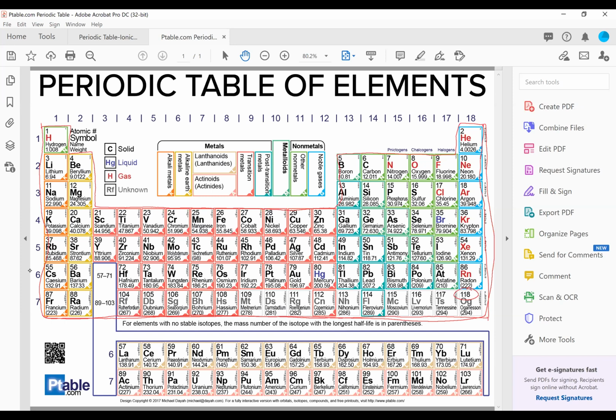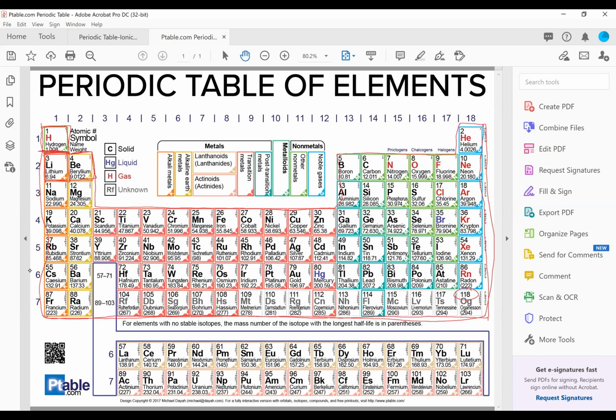Every tiny box in this table is referred to as an element. If you want to understand what an element is, it's really simple: every box in this periodic table is called an element.